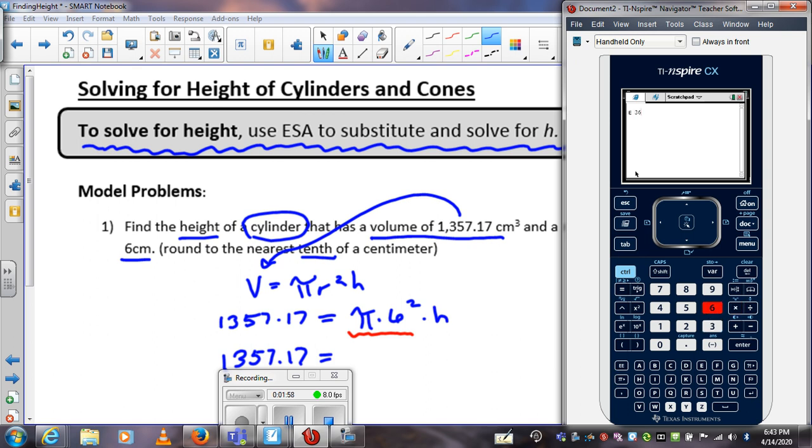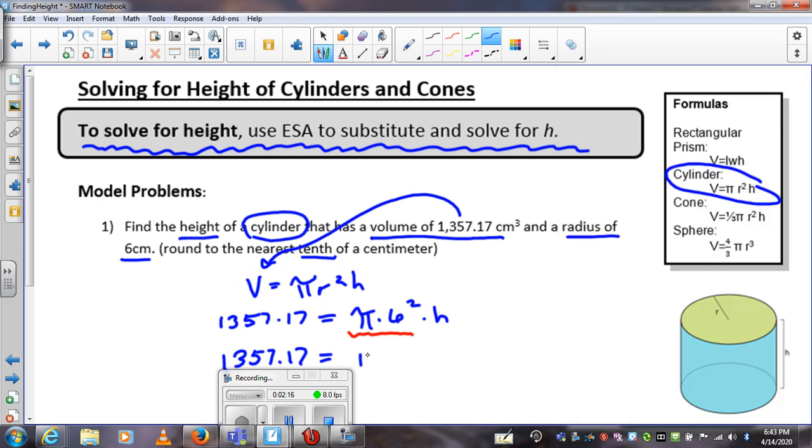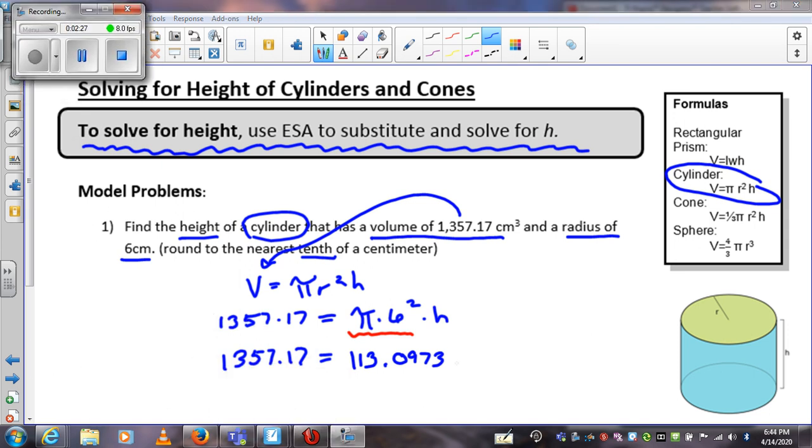So pi times 36, and that's going to give me 113.0973. I'm going to take it out about 4 decimal places if that's okay.